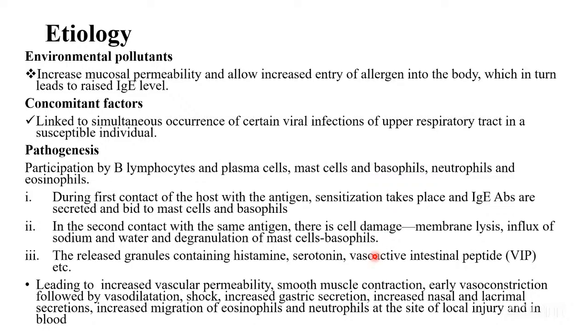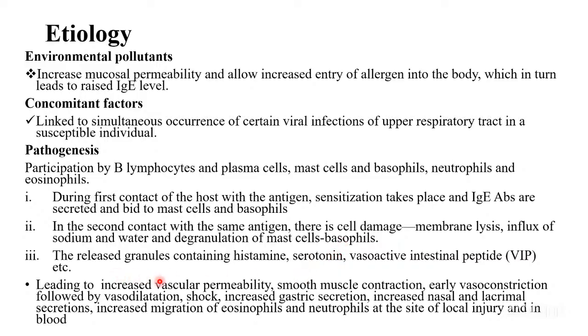And then pathogenesis: the B lymphocytes create a lot of IgEs, and they're going to cause cell damage through membrane lysis, influx of sodium and water, and degranulation of mast cells and basophils, as they release histamines and other immune modulating substances.